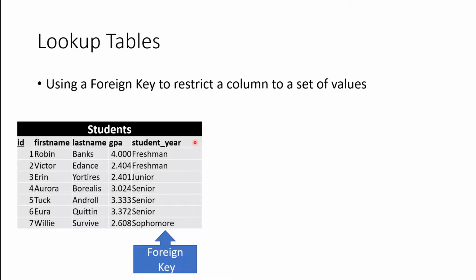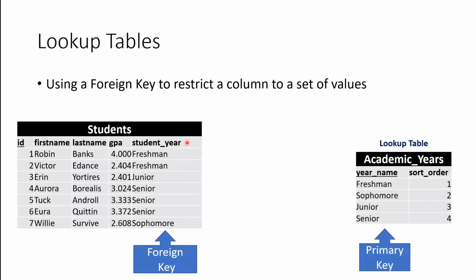We don't want people to put in super senior or pre-freshman or anything like that, right? We want to restrict the values to those four. So the way we do that is we establish this as a foreign key, and then we make a table that only has the unique values that we would like them to be able to choose as the primary key. And you can even give it an order, like freshman first, sophomore second, junior third, senior fourth.